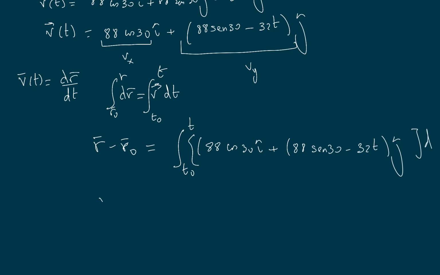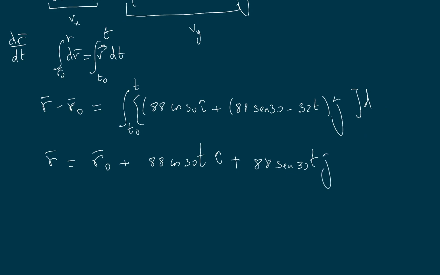So it will be r of 0 plus the integral of 88 cosine of 30, which is 88 cosine of 30 multiplied by t in the i direction. The integral of 88 sine of 30 is 88 sine of 30 times t in the j direction, minus 32 times t squared divided by 2 in the j direction.